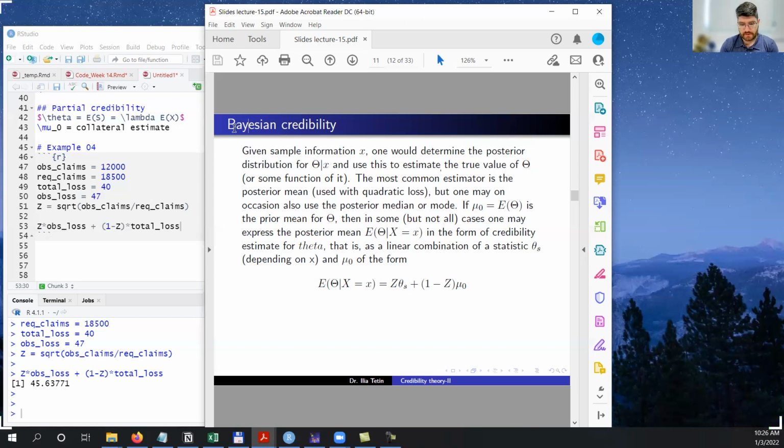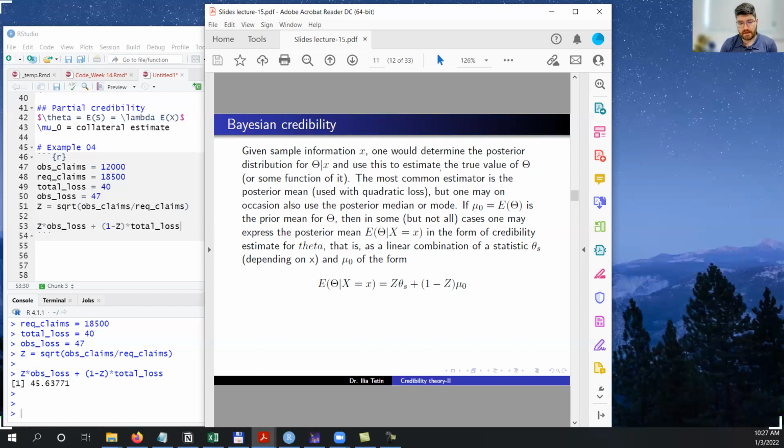Okay. So in the end, we should end up with this kind of Z theta S plus 1 minus Z mu 0. This is the classic example, actually useful to estimate the expected aggregate claims when they are normally distributed.